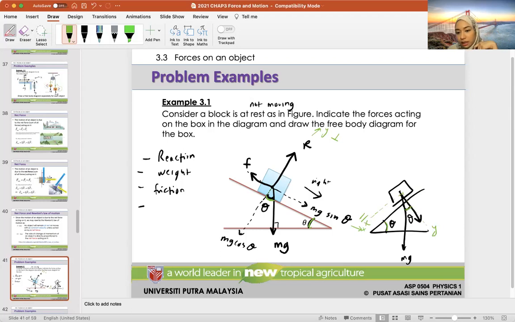Therefore, my theta is in between mg and the y-axis component of mg. Okay, theta is there. So the y-axis component gets the cosine, mg cosine theta, mg sine theta. Everyone okay with this one?